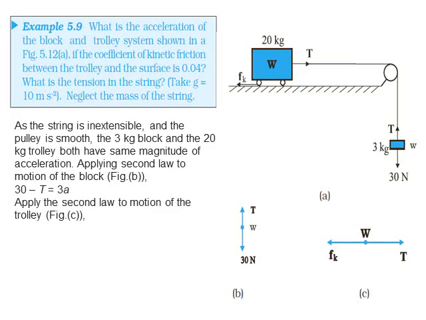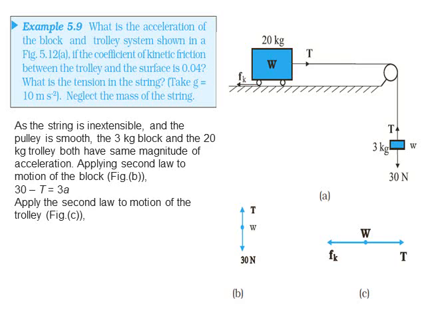Another example. What is the acceleration of the block and trolley system shown in figure A if the coefficient of kinetic friction between the trolley and the surface is 0.04? What is the tension in the string? You have to neglect the mass of the string and take the value of g as 10 meter per second square.